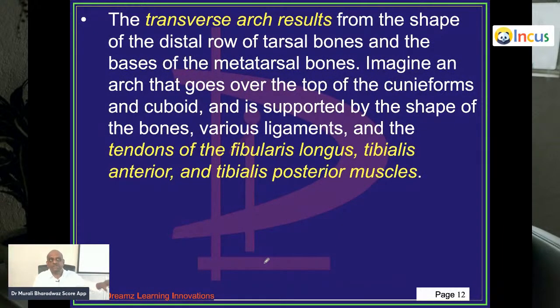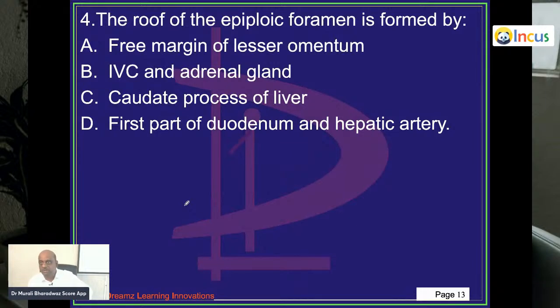And the transverse arch, what maintains the shape of the transverse arch, doctor? It is the fibularis longus, tibialis anterior, tibialis posterior tendons which are responsible. So flat foot is a very big topic in orthopedics, right?